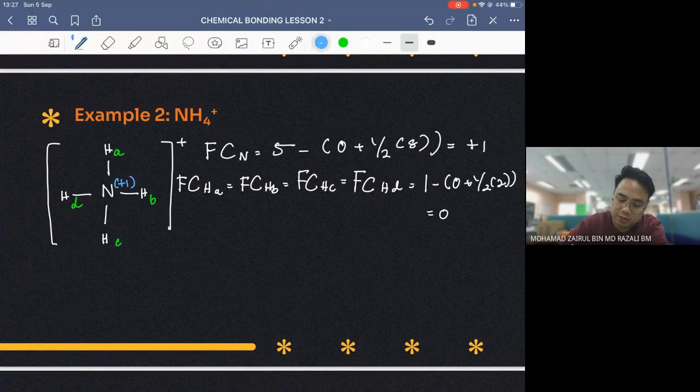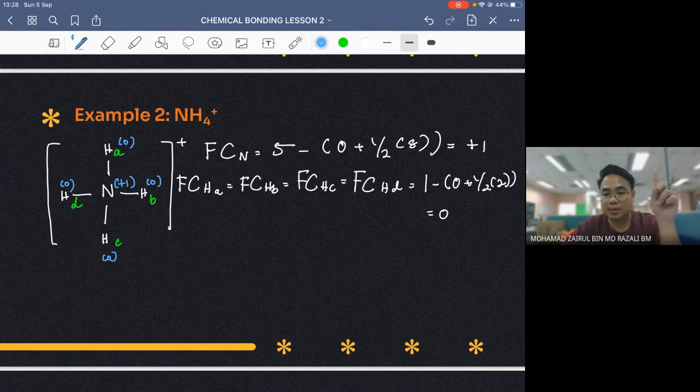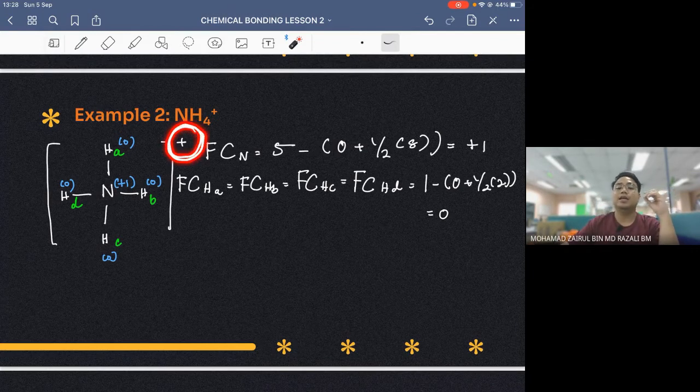So remember that you need to write the formal charge on the atom. So for a positive ion, the total formal charge must equal to its charge. So that means 0 plus 0 plus 0 plus 0 plus 1 is equal to positive 1, which is equal to the charge of the ion.